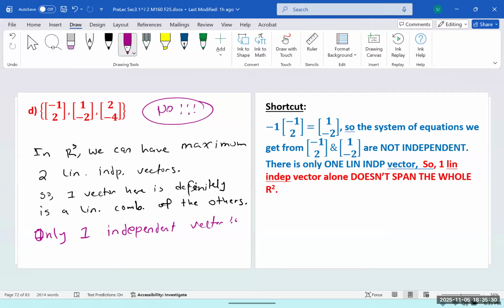And then the others are a combination of that one thing, the scalar multiple of that one thing. So which one is the original one? We don't care. But we do know that there is one original and everything else is a scalar multiple of that one vector. So it's definitely not a spanning set.